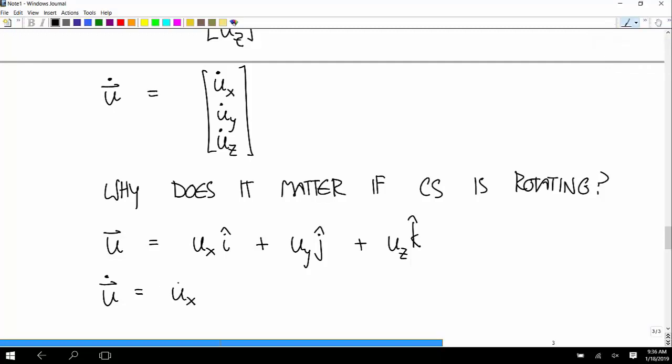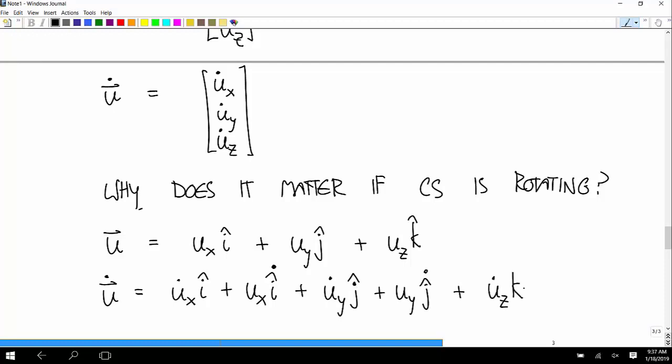And it says ux dot times i plus ux times i dot plus uy dot times j plus uy times j dot plus uz dot times k plus uz times k dot.